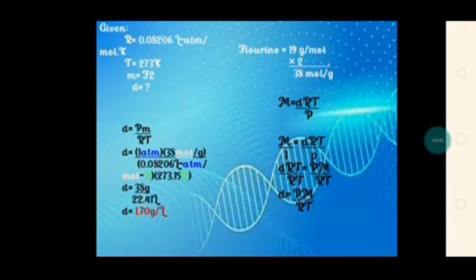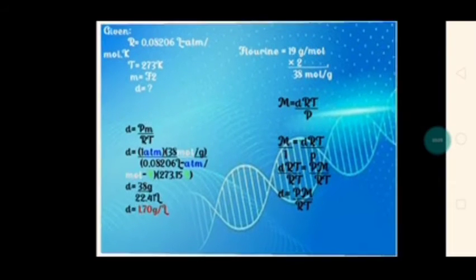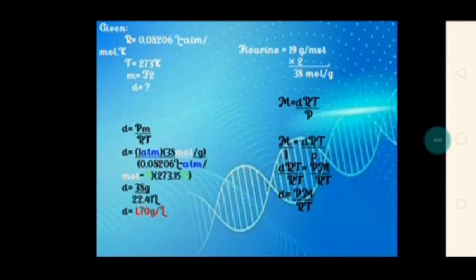In the periodic table, the value for fluorine is 18.99 something, but we round it off to 19. Because the given is F2, we multiply by 2, so it results in 38 grams per mole.